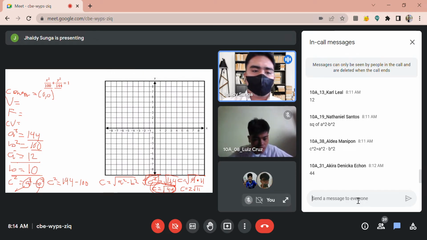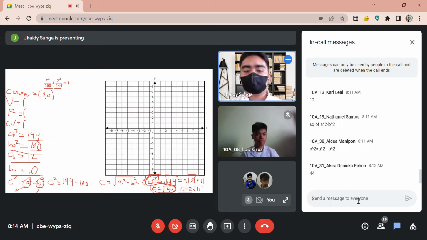Let's now have the coordinates of each vertices, focus, and co-vertices, because we have now the values of A, B, and C. Once again, as I mentioned a while ago, we are going to depend on this center. What's our center? 0, 0.